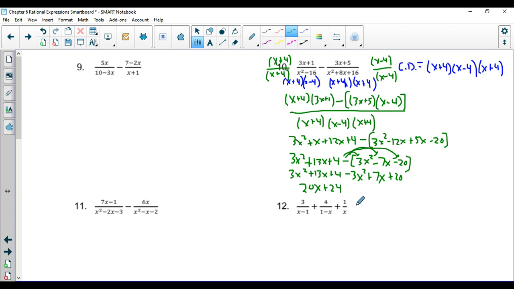Now after we combine like terms, we're going to look to factor. In this case, I can factor out a GCF. That GCF would be 4. And when I divide each term by 4, I get 5x plus 6. So that would be my numerator, totally simplified and factored.